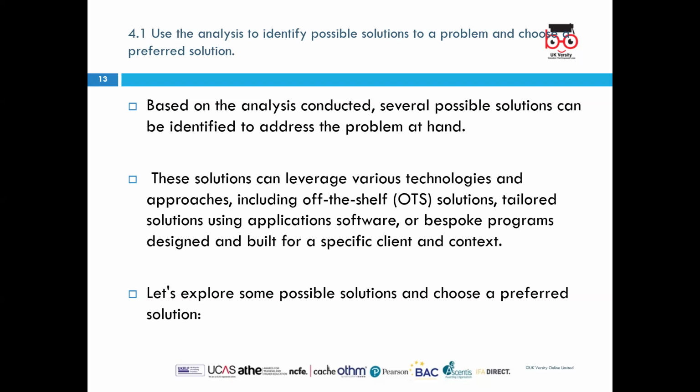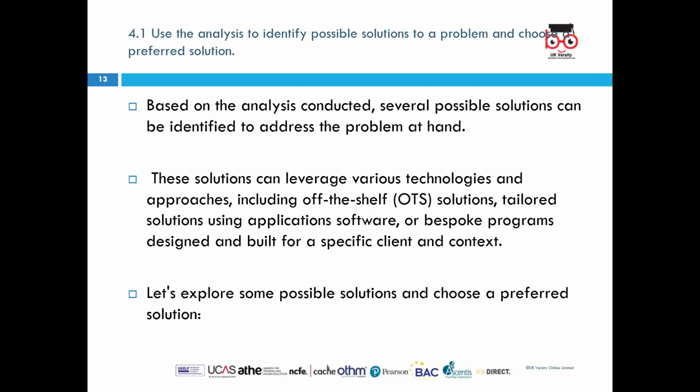So this solution can leverage various technologies and approaches. We are going to include off-the-shelf solutions, tailored solutions using application software, or bespoke programs designed and built for a specific client and context.